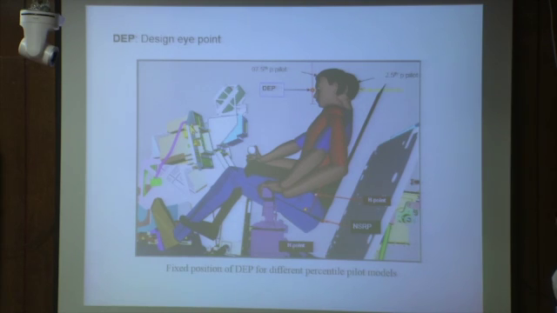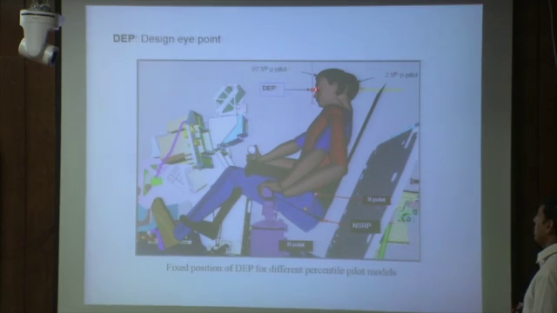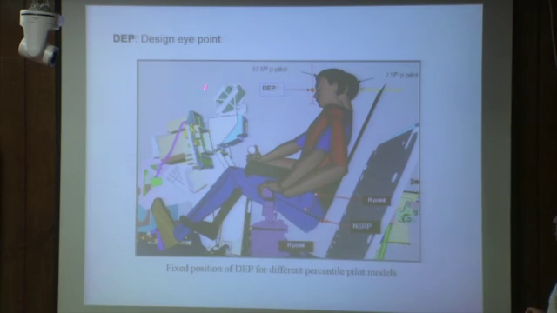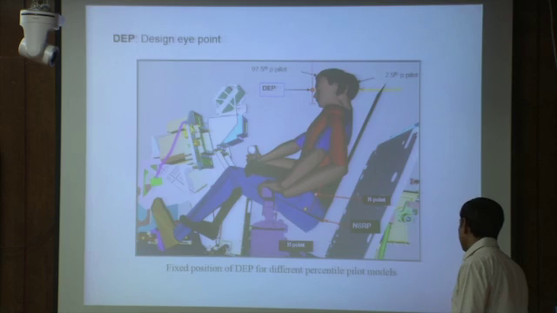At the same time they can see outside obviously, but their eye position is different. But in the aviation aerospace industry, this design eye point is fixed, so that all of them have to see the displays, and at the same time have sufficient external view. For that purpose, the seat will move up and down, so that it can accommodate pilots of different percentiles.